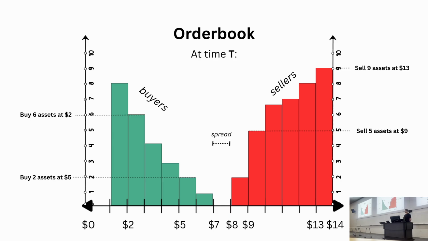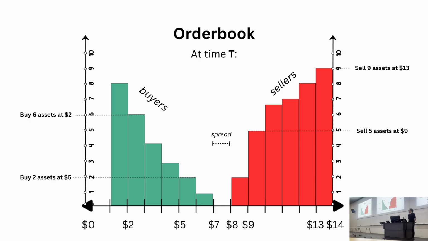Are there any questions on this high-level idea of an order book? To me, it seems kind of similar to a supply and demand graph. Exactly, represented in a different way. Is that a way to think of it? Yeah, exactly. An order book is essentially a mechanism to discover the price for a specific asset, and we're going to talk about how exactly it does that.